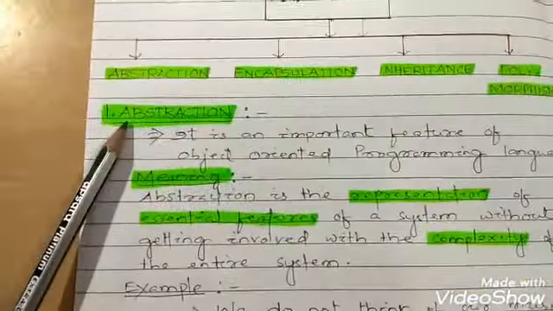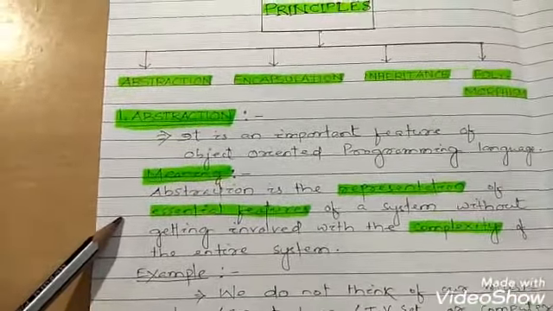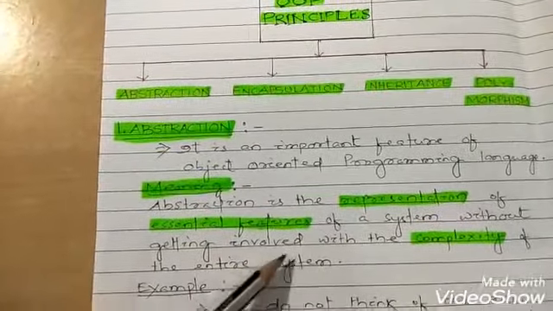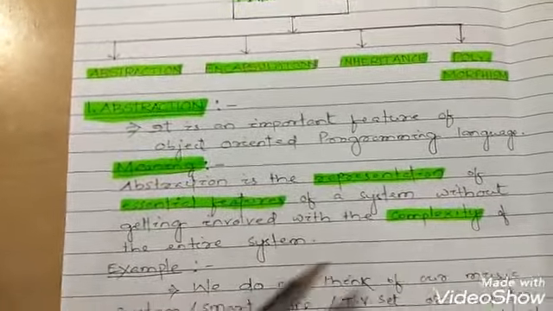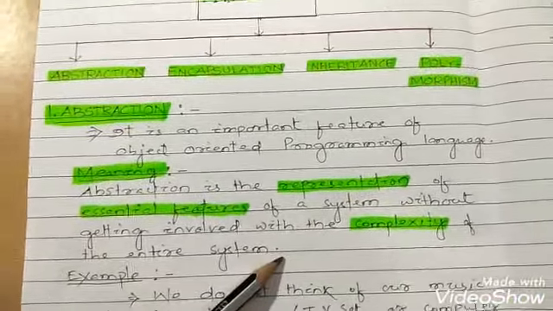So we have come to the conclusion of what abstraction is. Abstraction means the representation of essential features of a system without getting involved with the complexity of the entire system. Okay, did you understand?